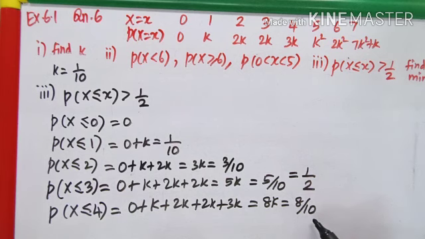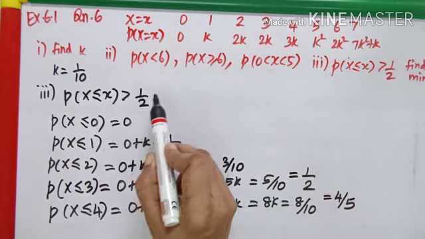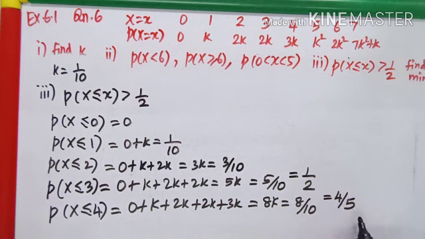Now 8 by 10 is nothing but 4 by 5, which is crossing 1 by 2. See, 1 by 2 is 0.5 value. 4 by 5 is 0.8 value. So when I cross half, this is the value. And what is the corresponding x? 4. So we will write this is greater than 1 by 2 implies x is equal to 4.